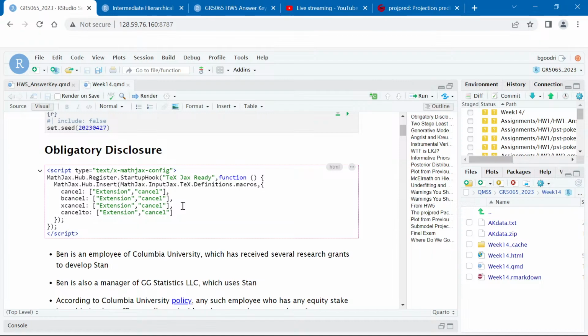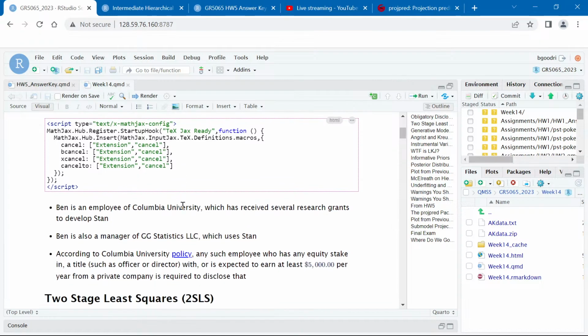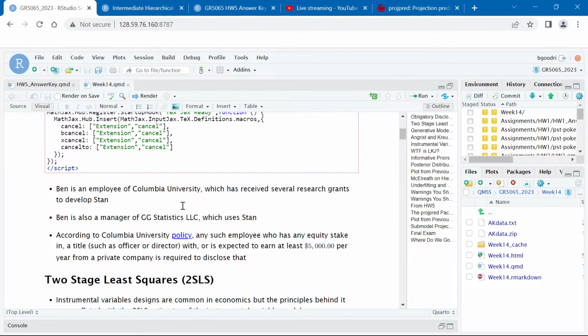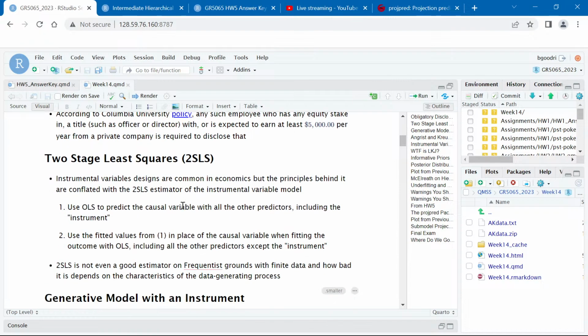So as usual, disclosure statement. And an estimator that's talked about a little bit in the McElreath book is two stage least squares.